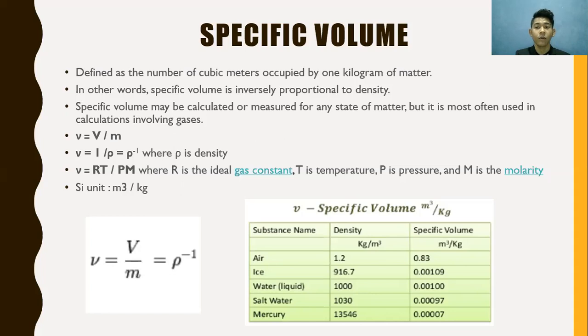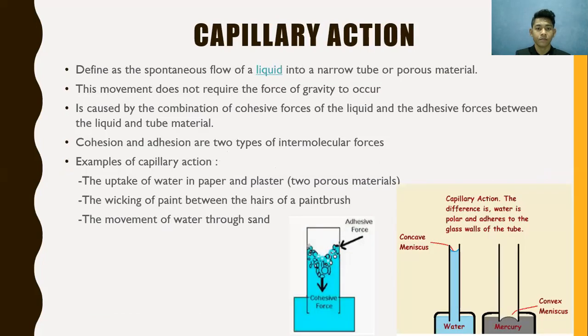The first one is volume over mass, the second one is 1 over density, and lastly is RT over PM, which R is an ideal gas constant, T is for temperature, P is for pressure, and M is the molarity. The SI unit for the specific volume is meter cube per kg.